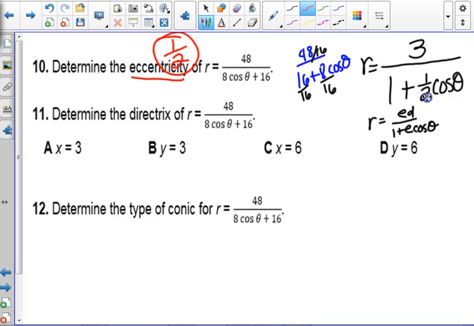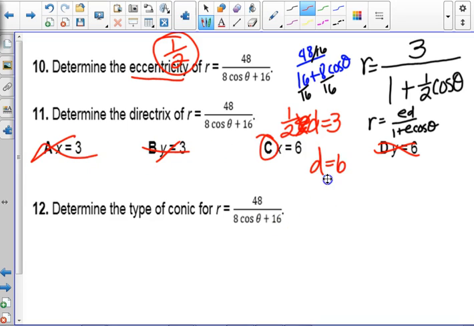It's a cosine, so it's x. So we get rid of that choice and that choice. And then we need to figure out what D is. E times D equals 3. E was 1/2, yes? So half of D equals 3. If we multiply by 2, we get D equals 6. So I think it's not A either. X equals 6 is the directrix.